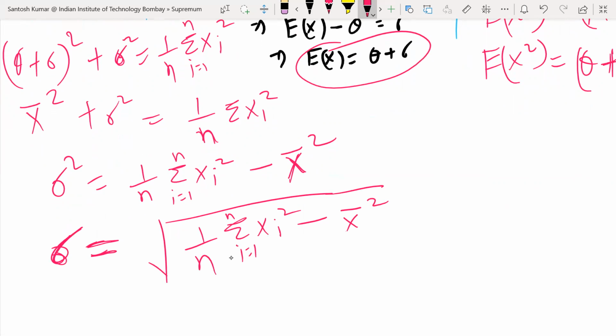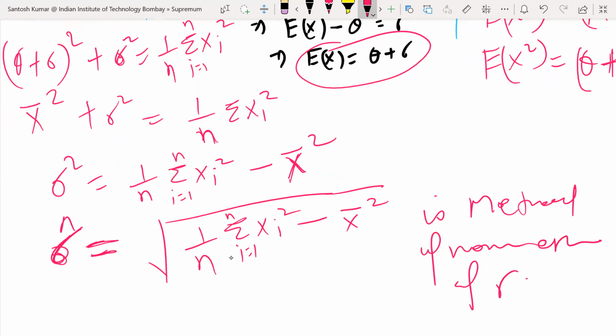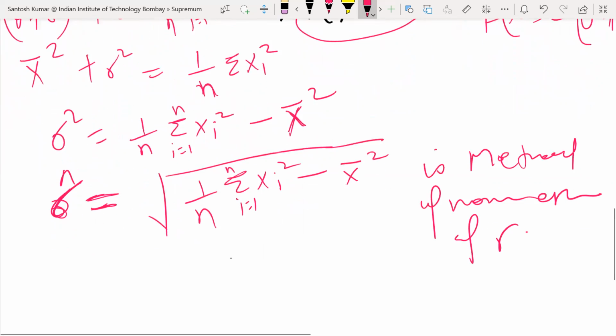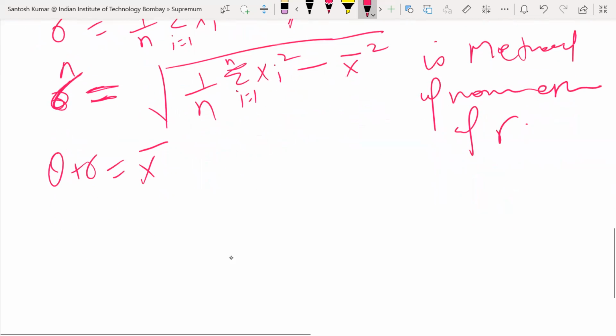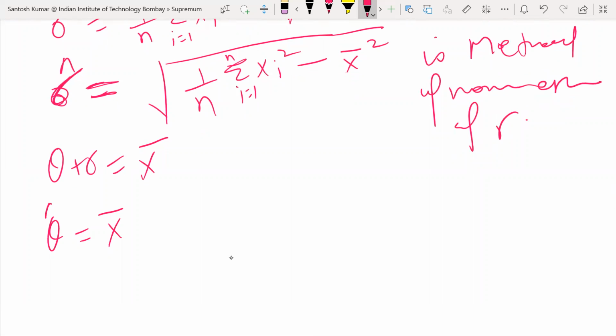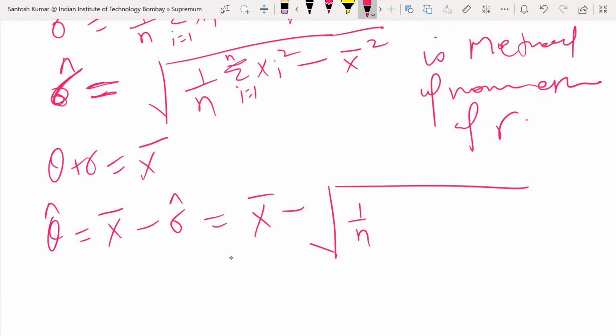This is the method of moments estimator of sigma, so we can write it as sigma cap. Now we need to find theta cap. Since theta plus sigma was x bar, theta cap is x bar minus sigma cap, the estimator of sigma. So x bar minus the square root of 1 by n summation xi square, i from 1 to n, minus x bar square.